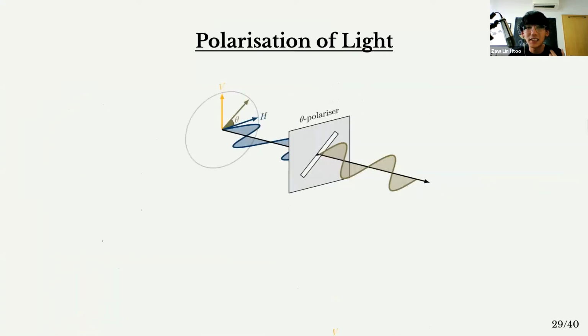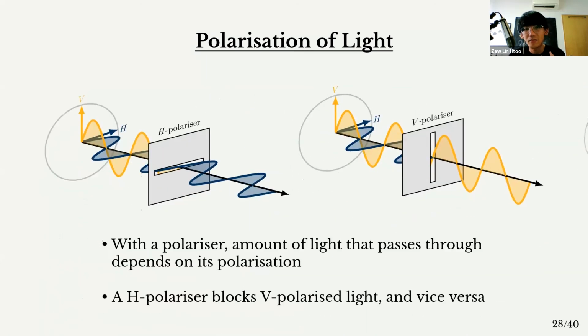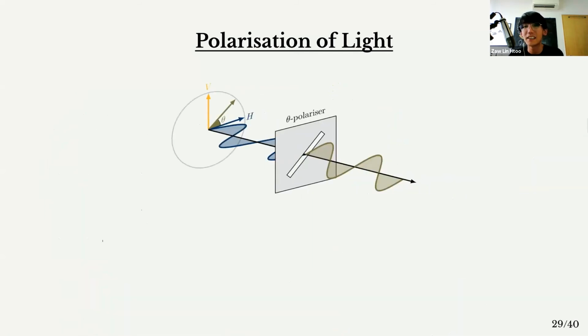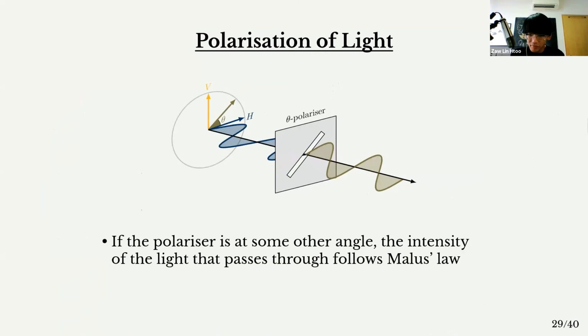And what this really tells us, okay, let's continue in the classical picture, but what if we have something that is neither H nor V, right? We have a polarizer that is somewhere in between. Then the intensity of the light that goes through follows Malus law, right? Because if it's completely aligned, all of the light will go through.